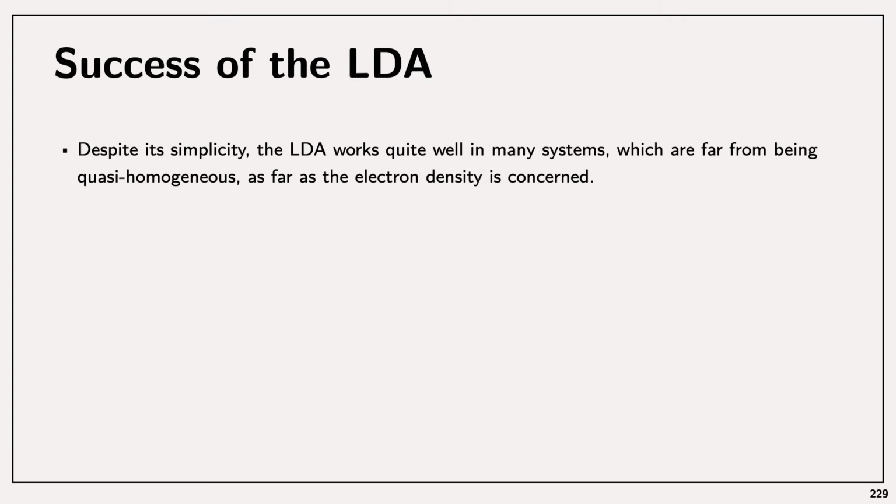It's extremely simple, but it works very well, even in systems that are very far from being homogeneous or quasi-homogeneous. So this approximation works pretty well, and in fact even reproduces bonding and a lot of experimental data pretty closely in terms of bond lengths, mechanical properties, and so on. Not perfect, but pretty good.